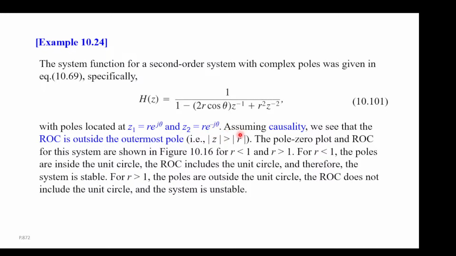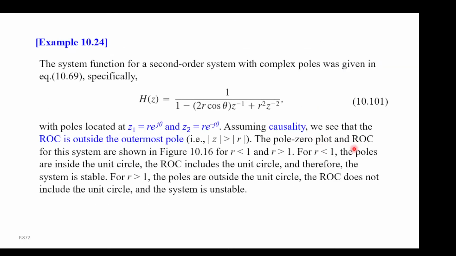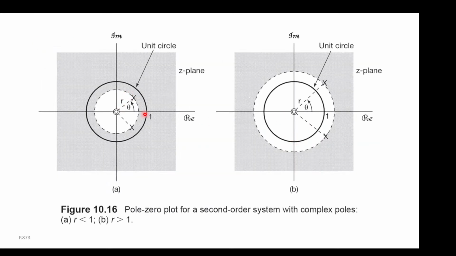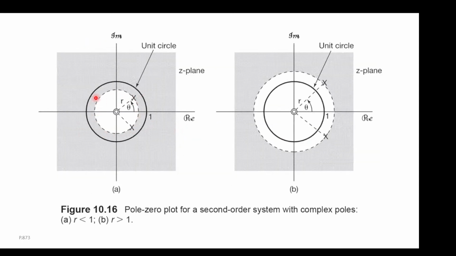So let's look at this. It's a radius r, at plus theta and minus theta. If we want it to be causal, then we can think about when this will be stable. Assuming causal, we know the ROC is outside of the outermost pole, so at radius r.